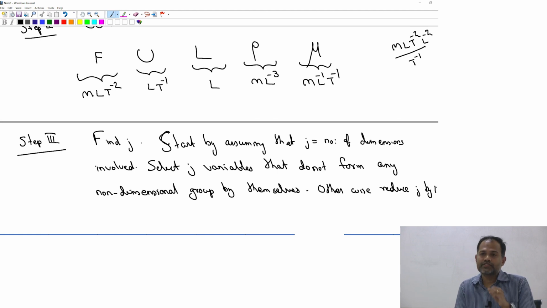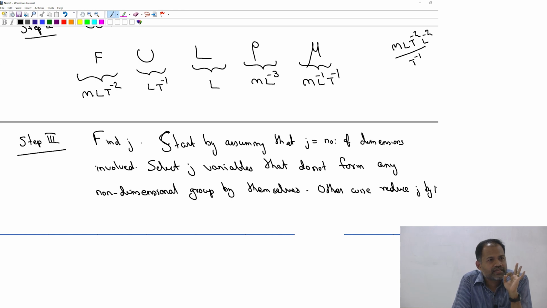Okay, so this is the next step. So what we need to do now is we have got 5 variables, we have got the dimensions of them. Now we have to select a number from it, which I am going to call j, and I will select j to be the number of dimensions involved. So in the problem we have length, mass and time, 3 dimensions involved.